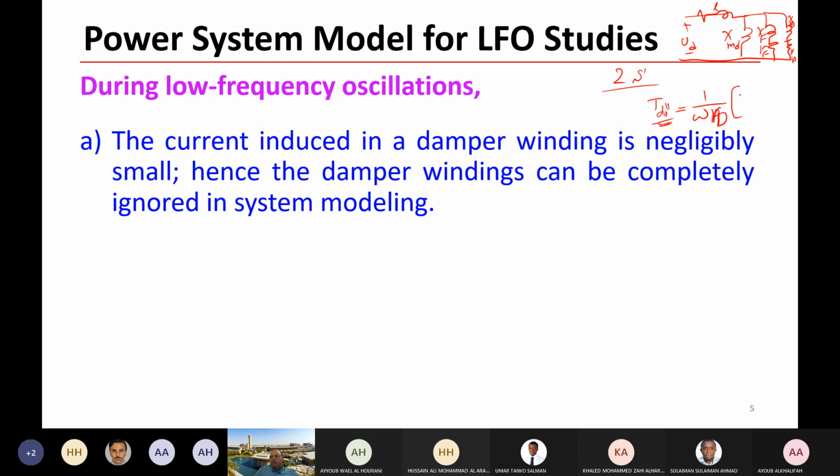We have XD capital plus XF and XMD in parallel, so XMD over XF plus XMD. So try to, and I am emphasizing, don't memorize.